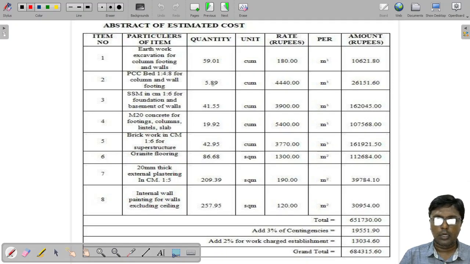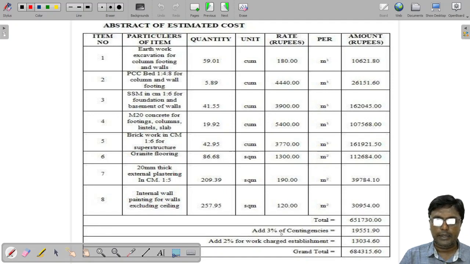We have taken the quantity and multiplied by the per unit rate which was given in the question itself to get the final cost. After getting the final cost of all those items, let us calculate. It will come up to 6,51,000. So 3% is contingencies. Contingencies means where we can't explicitly put the item. For example, we may need some glue or some other work which we can't put in an item.